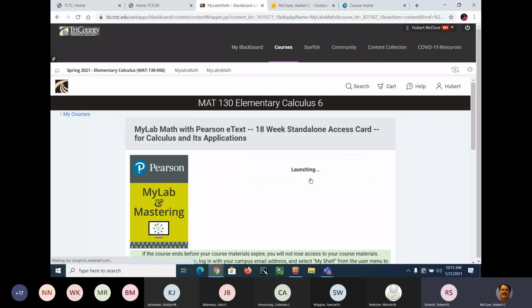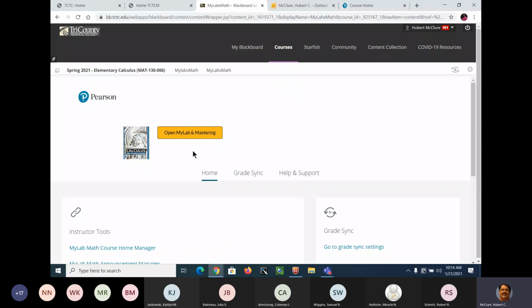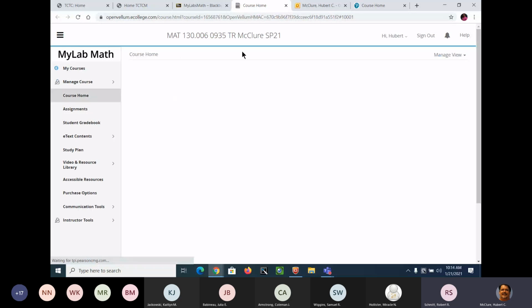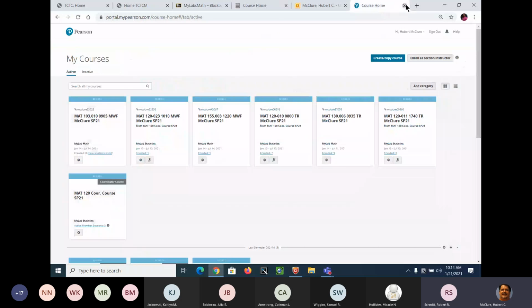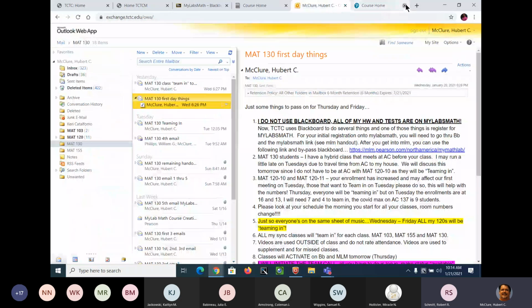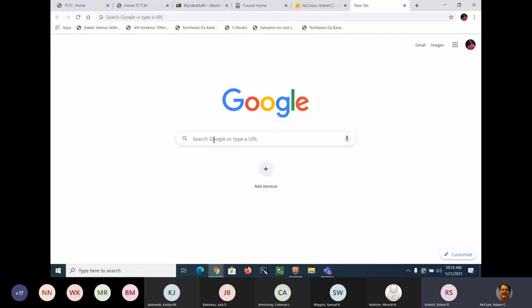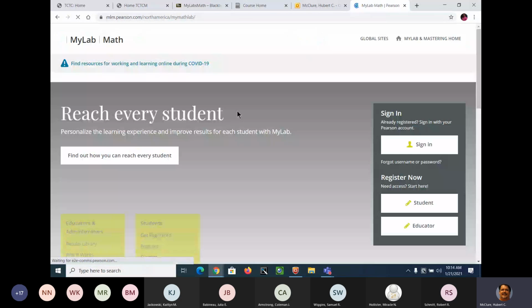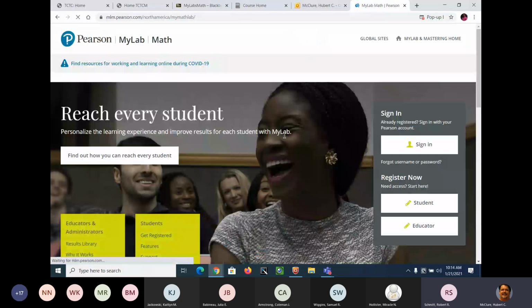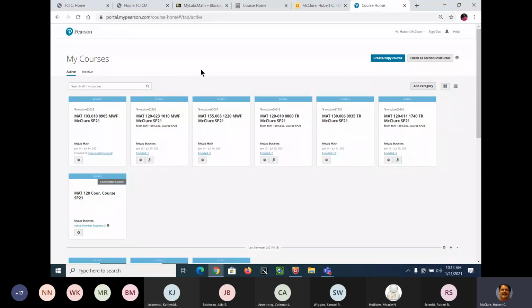Once you hit that orange button, you are registered into the course, and you should be able to go to My Labs Math. Click on the Pearson.com, and you should be able to go through here and type in your username, which is H. McClure, and then your T number with a capital T, or your password, depending on if you've changed your T number into a password.